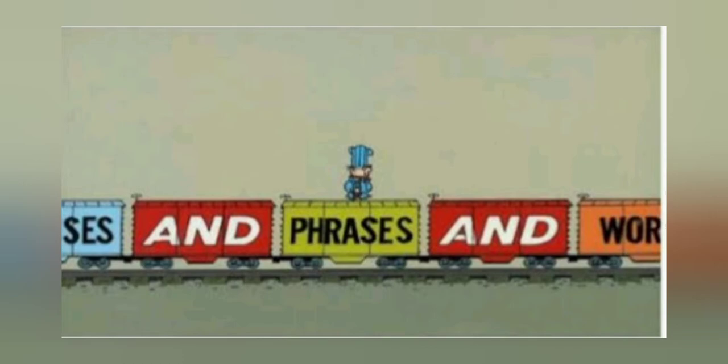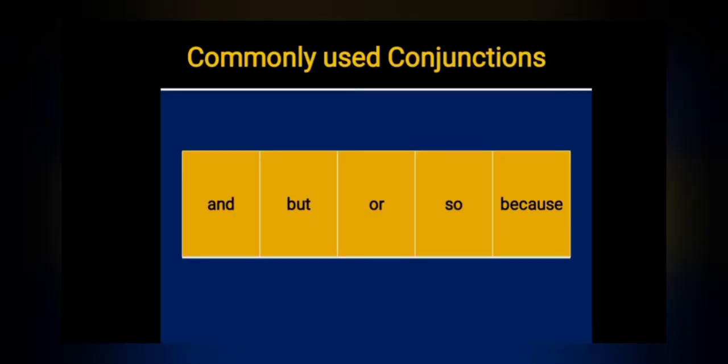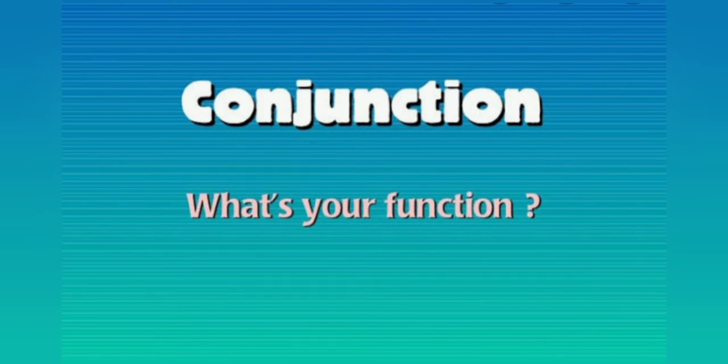Dear students, there are so many conjunctions in English grammar. Today, in this session, we are going to learn some of the commonly used conjunctions. These are, just as you have read earlier, and, but, or, so, and because. Now let's see how to use these conjunctions or what are their functions.